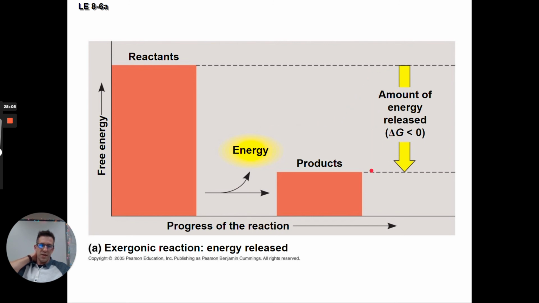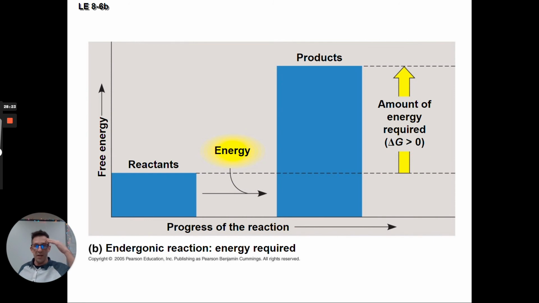This shows us the total amount of energy that is released from the transition of these reactants into these products. And this tends to be a spontaneous process, and this energy can then be harnessed by our cells to do some work.